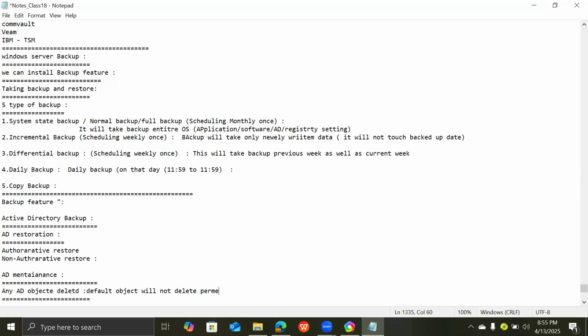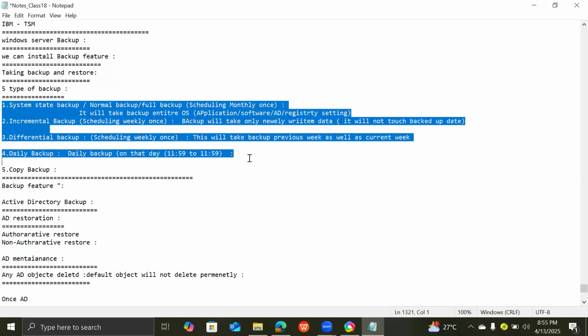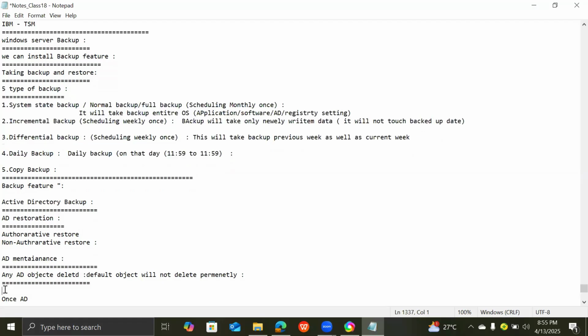What's the process here? Once an AD object is deleted, don't confuse it here. Here you are not talking about the traditional method of data backup. Here we are talking about the Active Directory object.